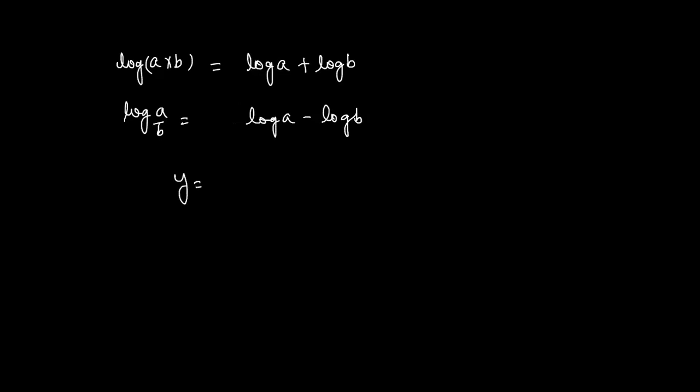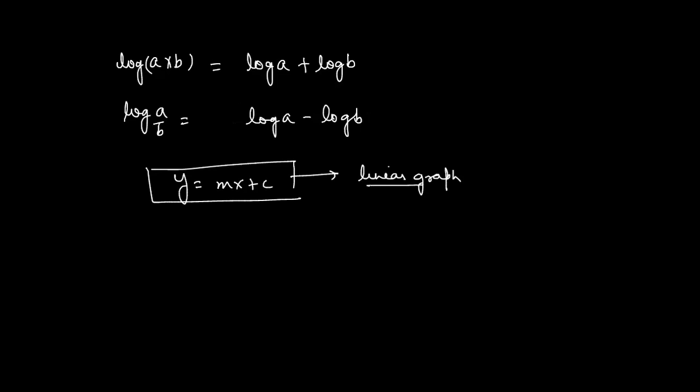If you know the equation of a graph, y equals mx plus c, this is the equation for a linear graph, that is, a straight line graph. Whenever we have an equation in the form y equals mx plus c, we will have a straight line graph.